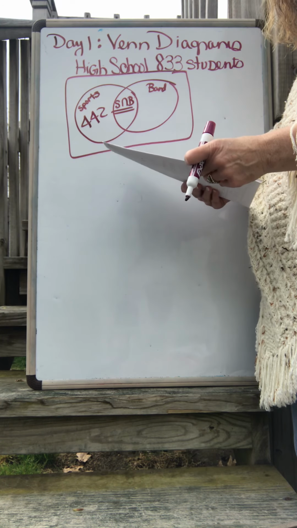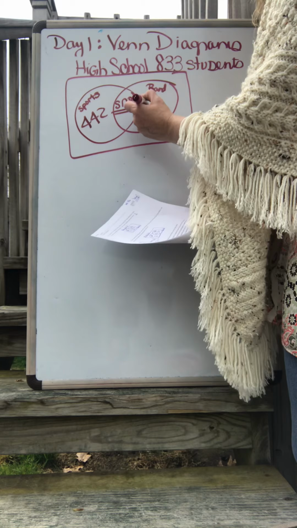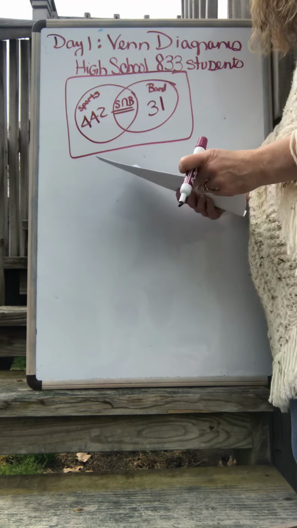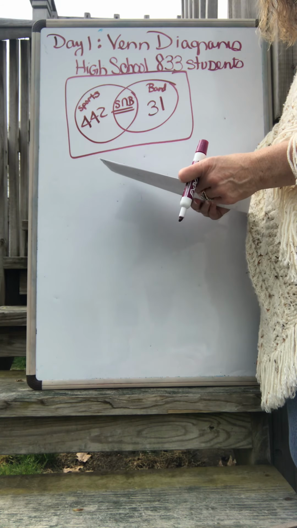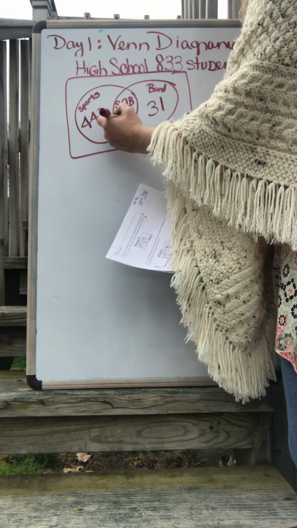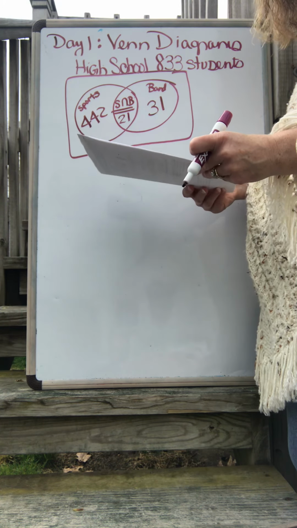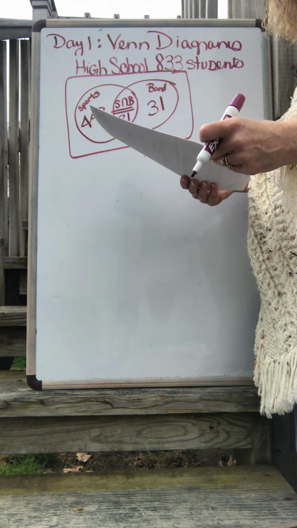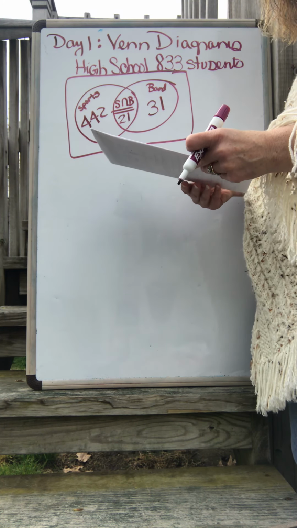31 play in the band but do not participate in the sports. So here I have 31 who are band only. 21 participate in organized sports and play in the band. So here now I have 21 students overlapping in both. 339 students neither participate nor play.